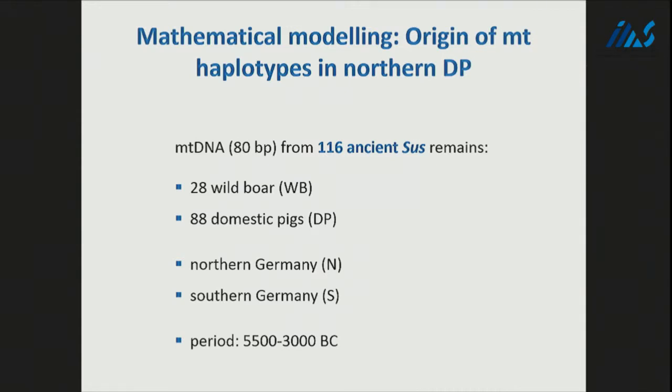We selected 28 wild boar remains and 88 domestic pigs. They were classified only based on biometrics, so basically only based on size. They're from northern Germany, which means north of the river Elbe, and also southern Germany. And we looked at a period from 5,500 to 3,000 BC.